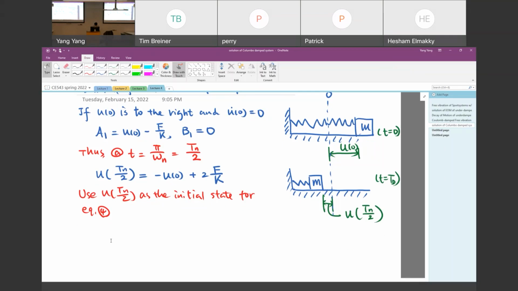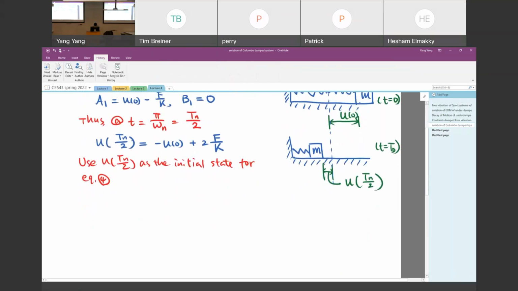In this case, we can calculate the values for A2 and B2. A2 is equal to U0, to get the values for A2 and B2. Does that make sense?